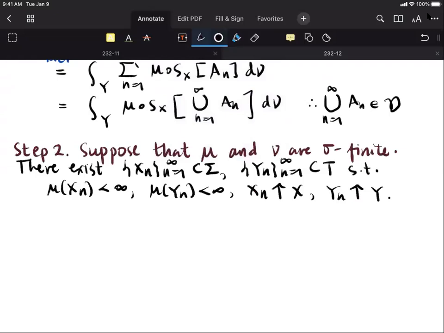If the original sets are not increasing, of course you can construct an increasing sequence which increases to x.